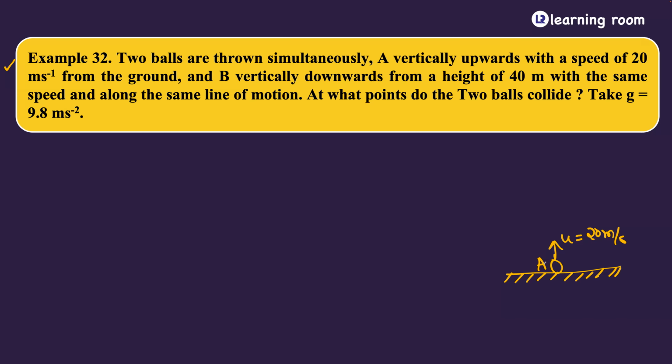Similarly, B is vertically thrown downwards from a height of 40 meter, also with the same speed of 20 meter per second. Now one more important point is, along the same line of motion. So they both are moving along the same line, right? At what points do the two balls collide?